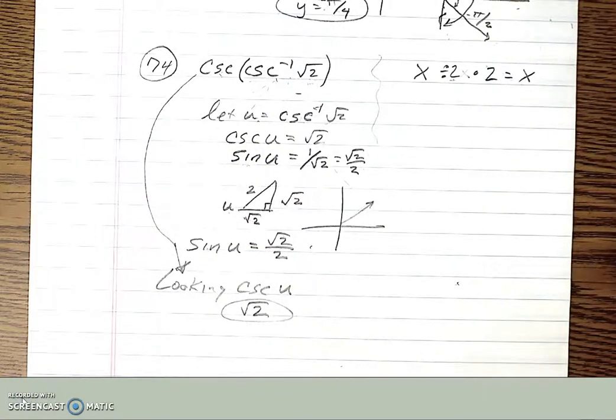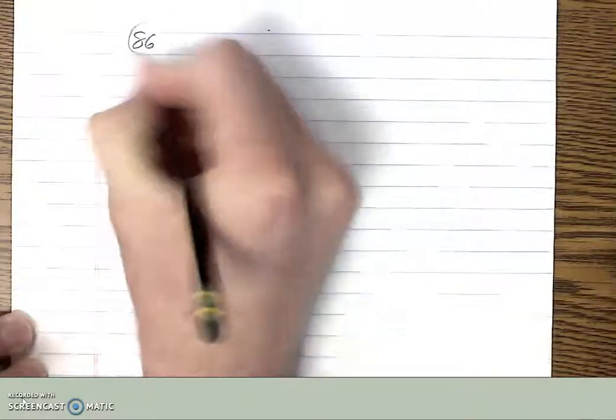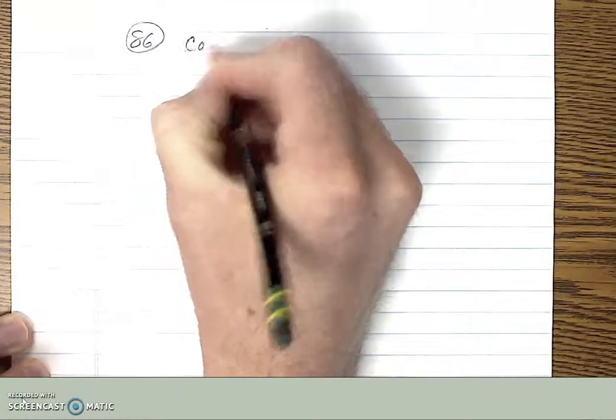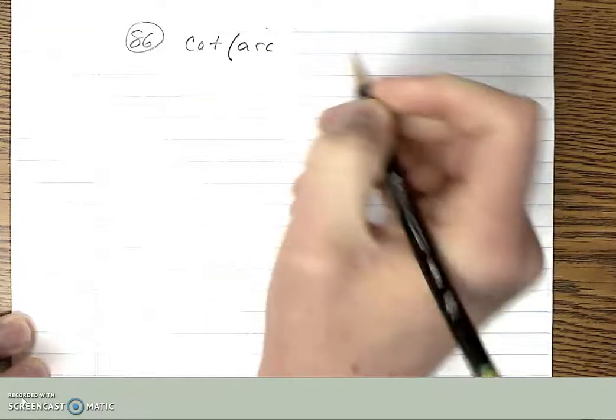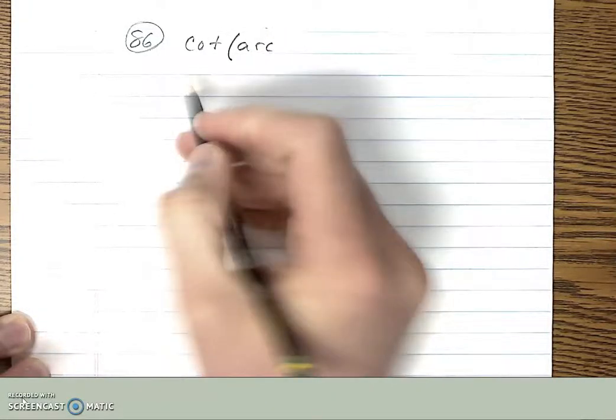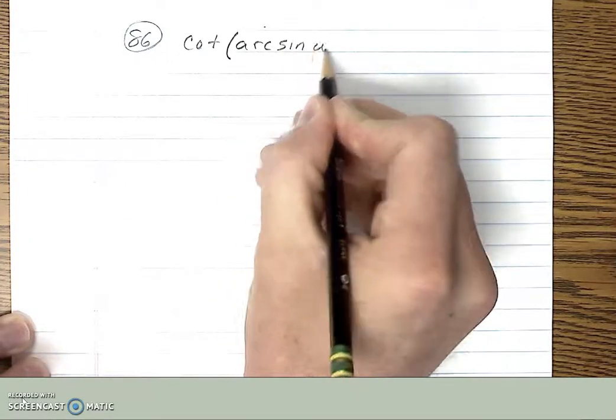All right. The last type of problem then that was on this 6-1 assignment, these are all similar to what your notes are on as well, but the last one would say something like 86, which was write this as an algebraic expression, which means don't say that this equals something with a trig function in it.